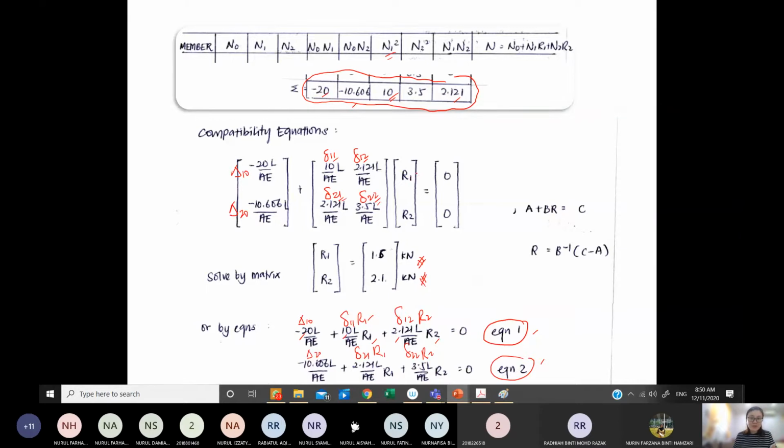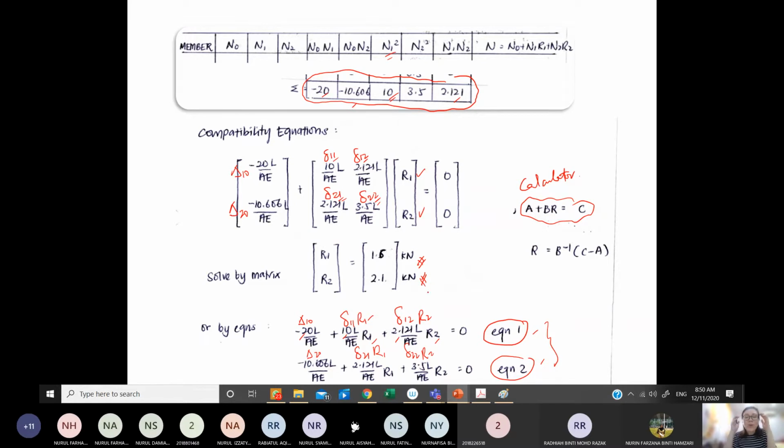And then you have the vectors of R1 and R2. Here is my tip when you are using a calculator: you can try the matrix functions or the simultaneous equation function on your calculator. You can solve for R1 and R2.